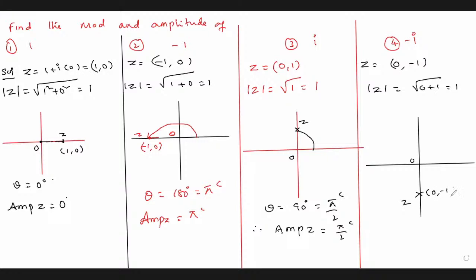So theta is 270 degrees, theta is equal to 3 pi by 2. Or if he wants a negative angle, you can write it as minus pi by 2 radians. Understood? So these are the 4 important problems.